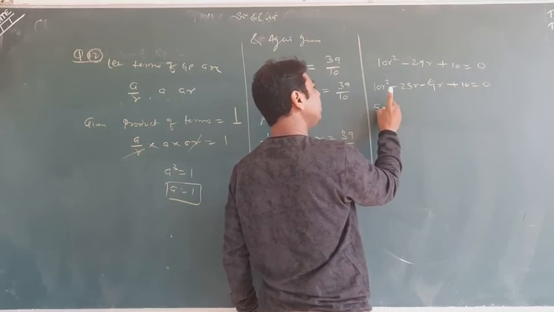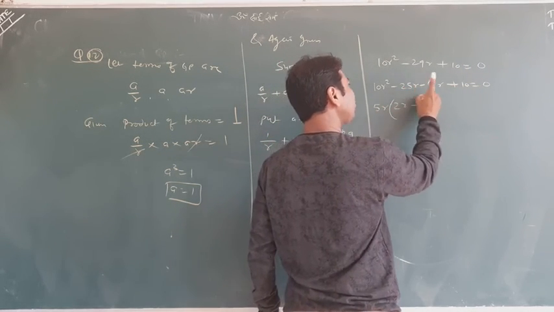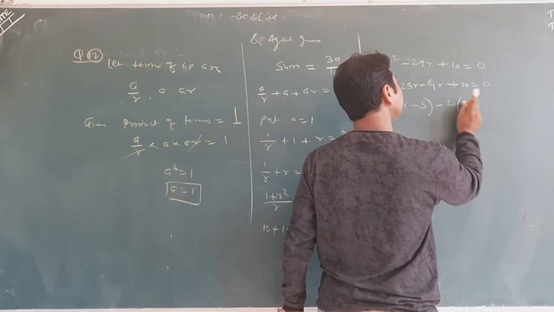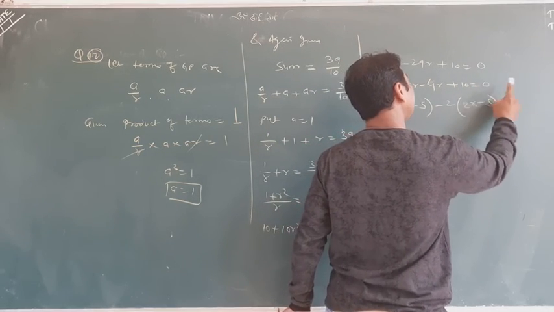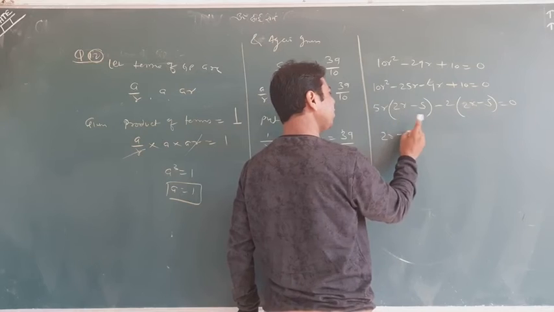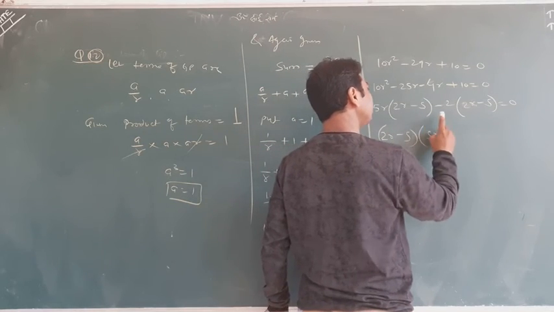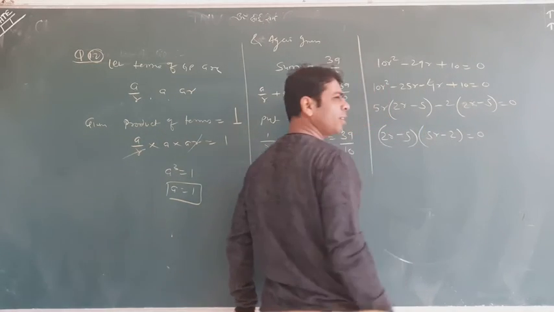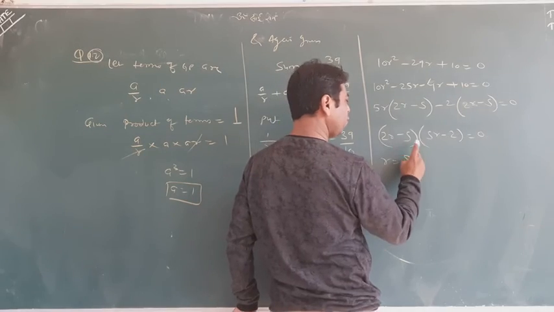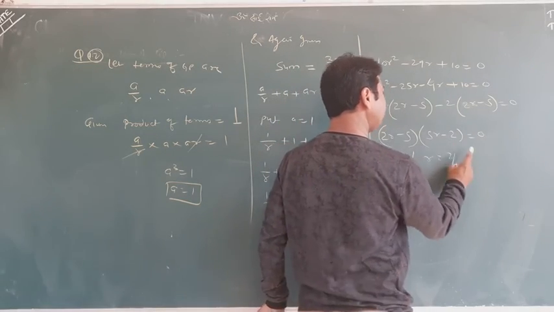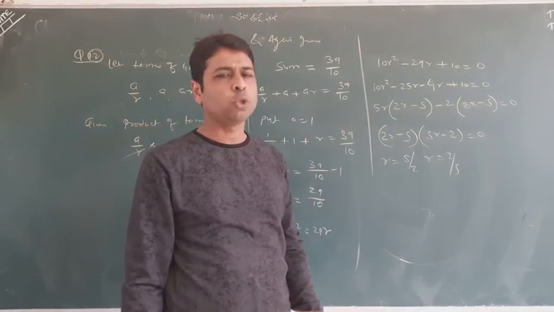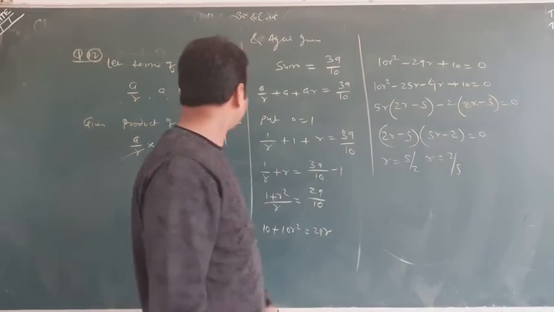Take 5 common, 5 twos are 10, 5 fives are 25, take 2 common. So 2r minus 5 is in one bracket, common, and we get a second bracket. Then r equals 5/2 and r equals 2/5. We have got two values, so don't worry about that.